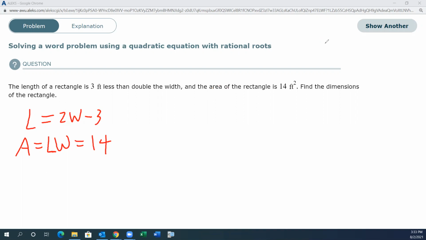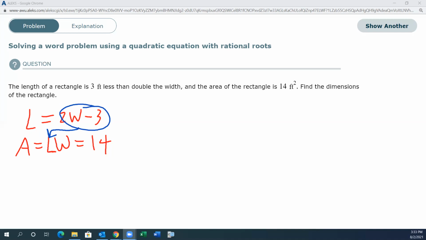All right, so what are we going to do here? How are we going to solve this thing? Well, we look around at what we've got and we say, I've got one variable already isolated, which means that in this problem, L and 2w minus 3 are always interchangeable. They're the same. So I can take what this isolated variable L is equal to, 2w minus 3, and plug it in for L in the other equation.